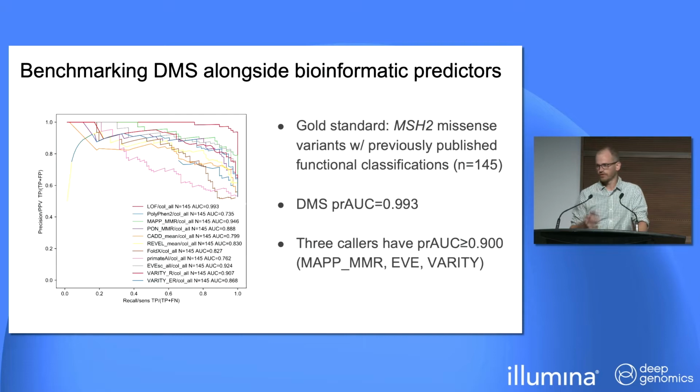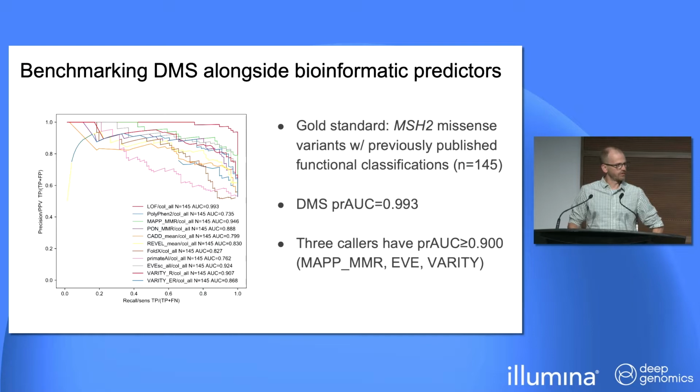Maybe not surprisingly, the deep mutational scanning does really well compared to similar lower throughput functional data from the past. And promisingly, 3 of the callers also did quite well, reaching an area under the precision recall curve of greater than 0.9, which was great to see.